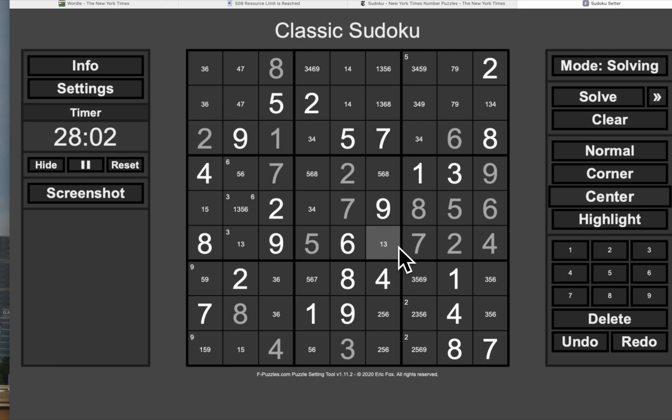Substituting a 1, 3 still works. Being 5, 6, 8 also still works. Being a 3, 4 still works. A 3, 4, this can't be 3 or 4. Down to 6 or 9, but that's going to be a while before I get anything in there.